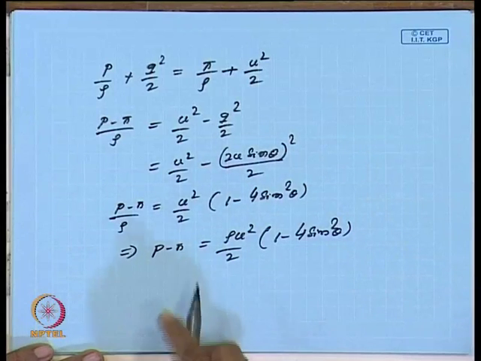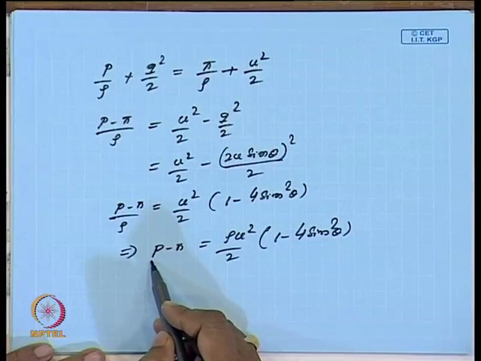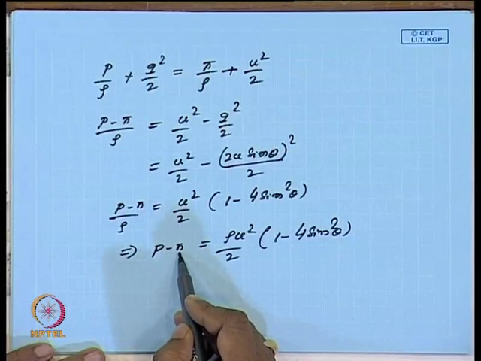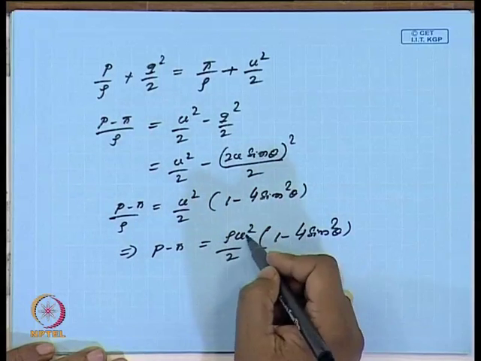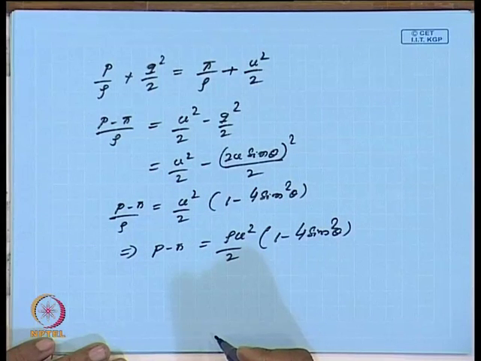So this p is the pressure at any point on the cylinder, p infinity is the fluid pressure at infinity, and u is the speed at infinity.